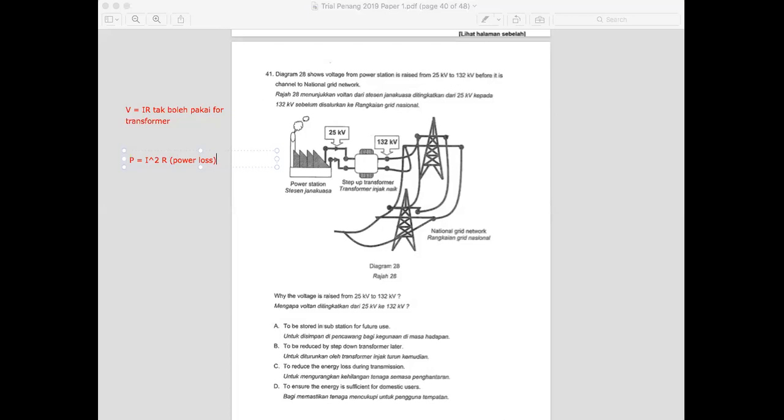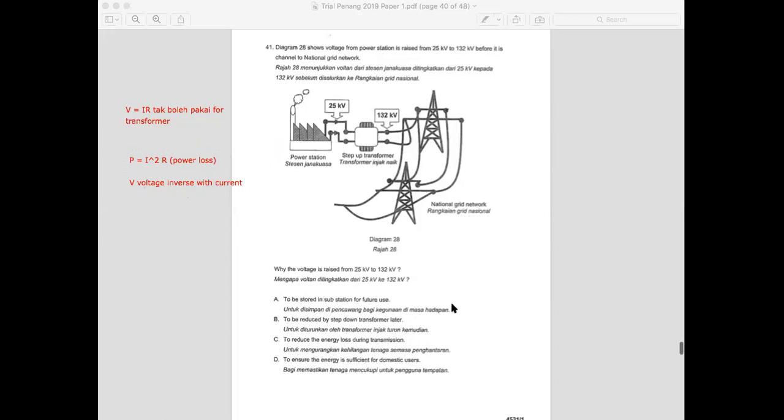We have to use input power VPIP equals VSIS. Voltage is inverse with current, right? Yes. That's why you want to increase the voltage, so that the current reduces, so the power loss also reduces. Okay, so the answer is C.